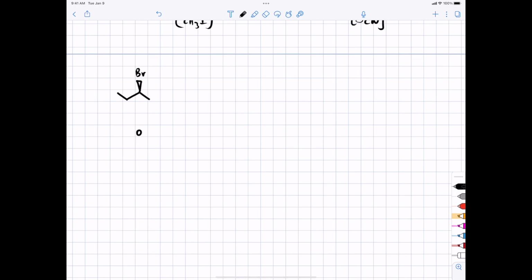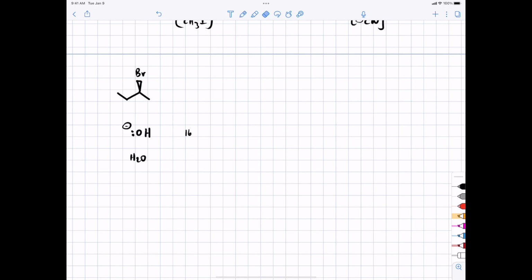Instead of water, we're going to use hydroxide. We're going to talk about this, but it should be pretty easy to tell that hydroxide is a better nucleophile than water. The way you can tell that is to compare the pKa's of their conjugate acids. For hydroxide, the conjugate acid in water, pKa 16. For water, the conjugate acid is H3O plus, pKa minus 2.